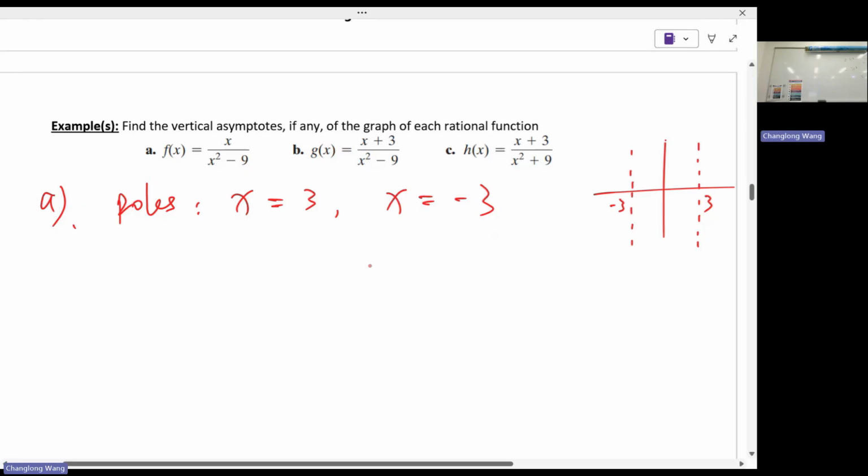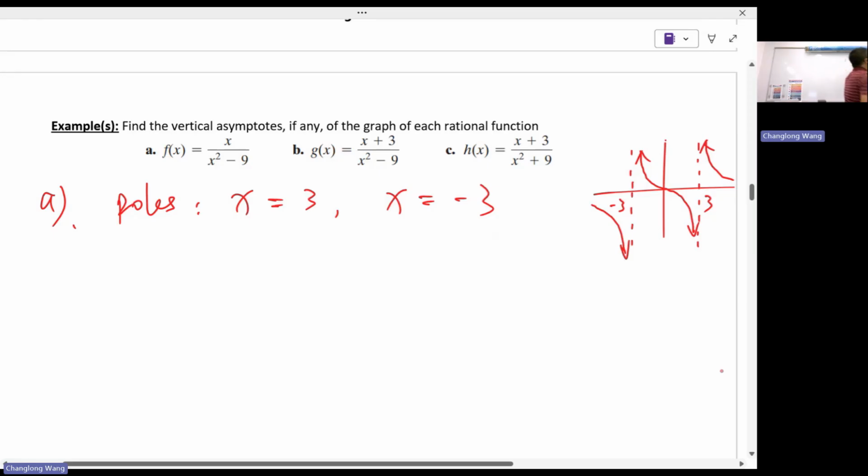Okay. Now, of course, we haven't got to the strategy of sketching the graph of a function, but I can show you what it looks like. I think it's going to be something like this. Okay.